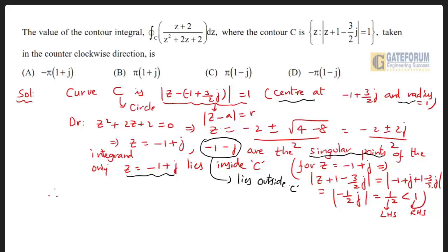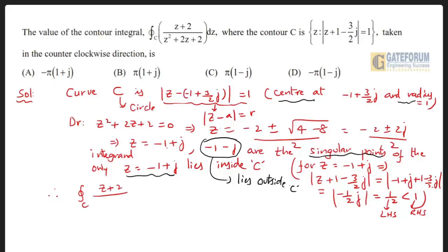we have to write this integral in the standard form of Cauchy's integral formula, that is f of z by z minus a, because the power of the denominator factor is 1. Integral over C of z plus 2, numerator no change, but the denominator is a second degree factor.